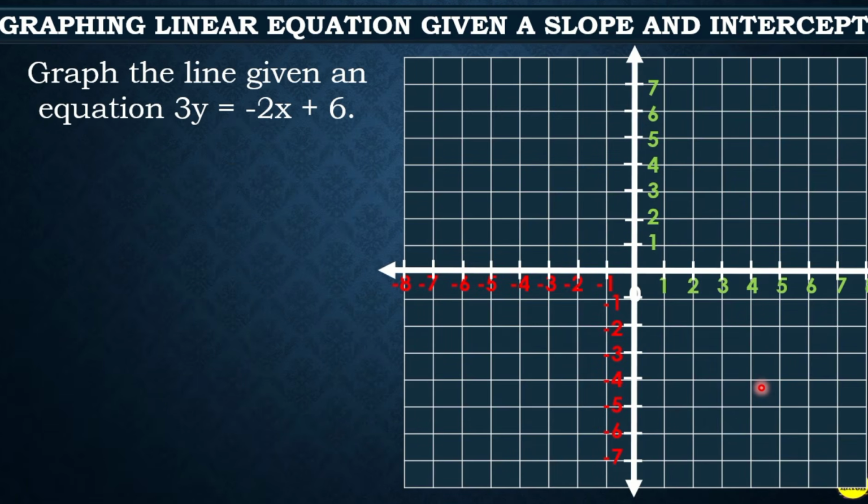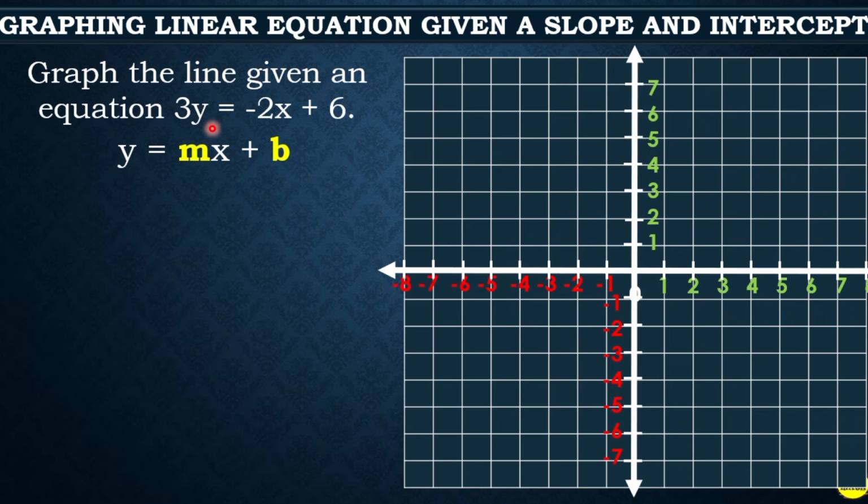Next. Graph the line given an equation 3y equals negative 2x plus 6. Okay, so meron na tayong equation na 3y equals negative 2x plus 6. Now, ang goal natin dito is to identify the m, your slope, and your b, which is your y-intercept. Meron tayong 3y equals negative 2x plus 6, but yung y natin, meron pa siyang coefficient na 3, dapat 1 lang.